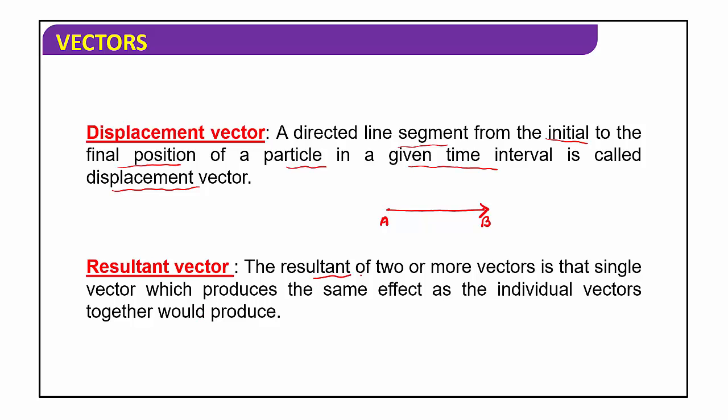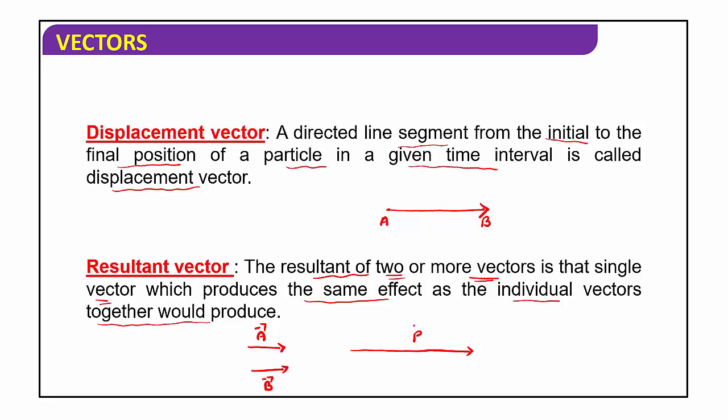Then resultant vector. The resultant of two or more vectors is that single vector which produces the same effect as the individual vectors together would produce. That means there are two vectors, vector A and this is vector B. So the resultant of these two vectors is equal to a single vector.